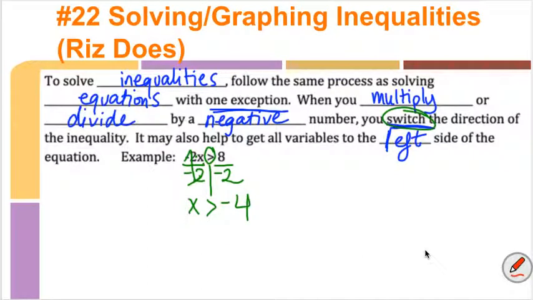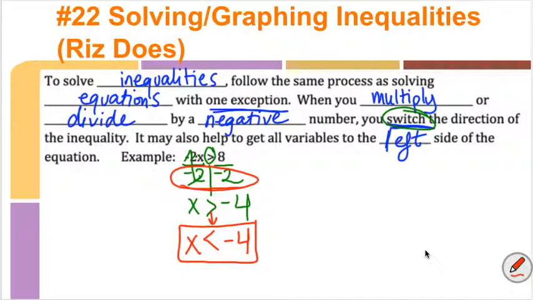But what I want you to pay attention to is that we just divided by a negative number. Since we divided by a negative number, this stays the same, but the inequality switches and it should be x is less than negative 4. Okay, that's the main difference today.